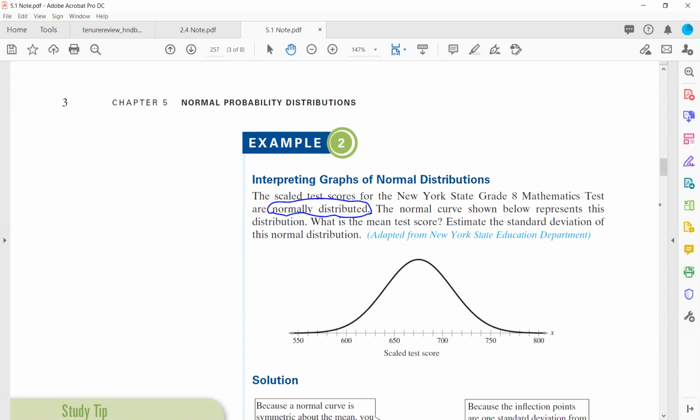What is the mean test score? And estimate the standard deviation of this normal distribution. Remember that we do not have the actual data. We only have the graph and some estimation about the grades. We also know that it's normally distributed.